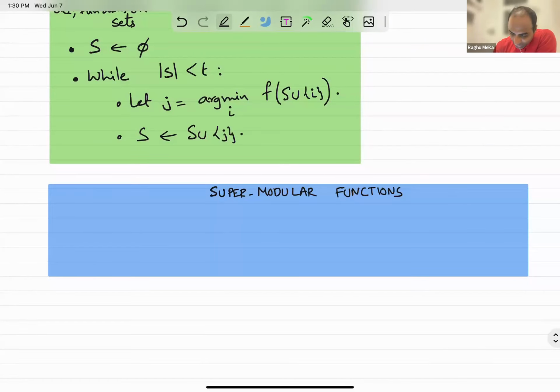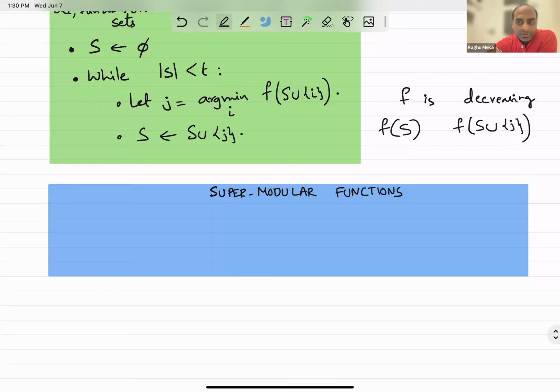So recall that f is decreasing, right? So meaning if I take any set S and I look at the value of S with something added, then which is higher? The smaller set, the value is higher, right? So we know that this difference is greater than or equal to 0.